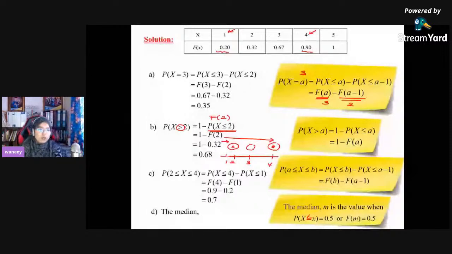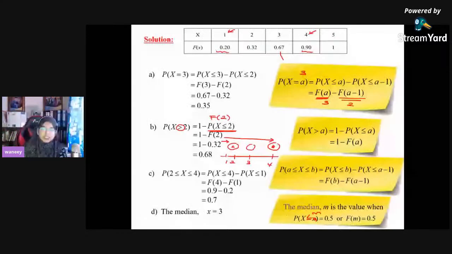So now where can we get 0.5? Up until 2, I get 0.32. So that means if I want to get 0.5, it should be somewhere inside. So the answer is simply x equal to 3.